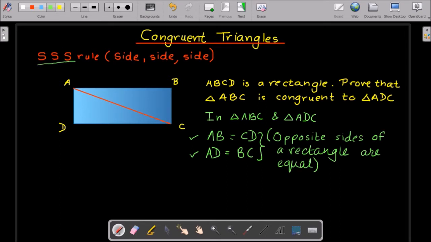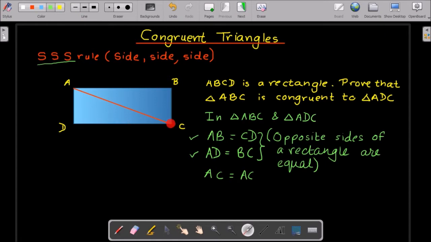Now that's the one side, that's the second side. If I'm going to use the side rule, I need to use a third side. The third side that remains is the side AC. And if you look at the side AC, it is shared by both triangles.